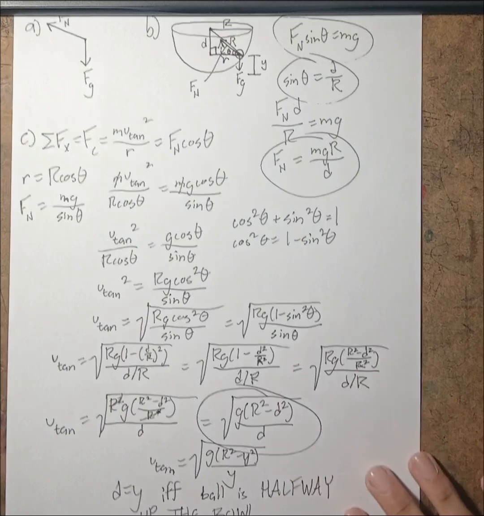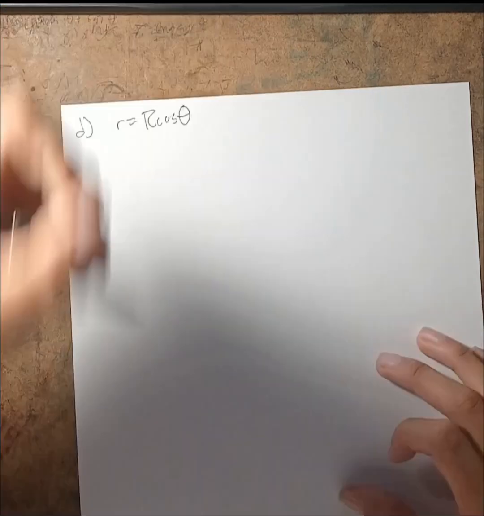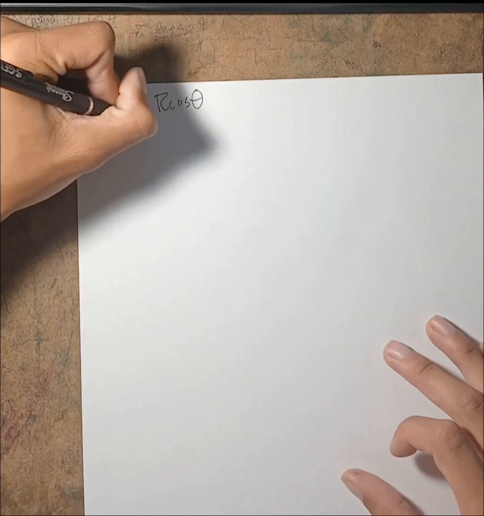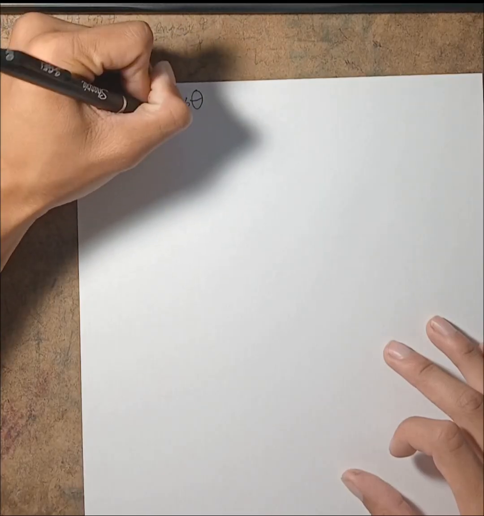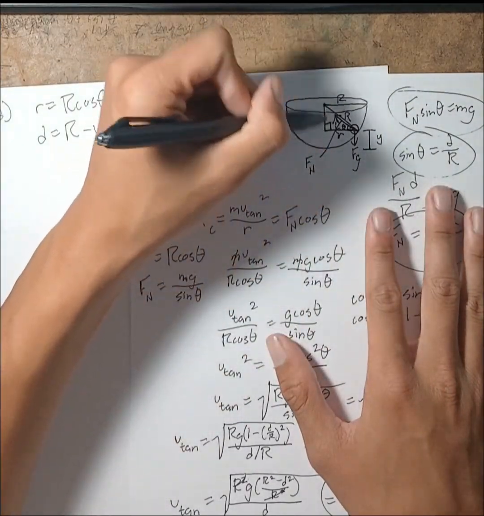But part D: derive an expression for the angular velocity in terms of big R and y and appropriate fundamental constants. Okay, so what we know is that little r equals big R cosine theta, and d equals big R minus y, right? Because big R would be this whole distance here.